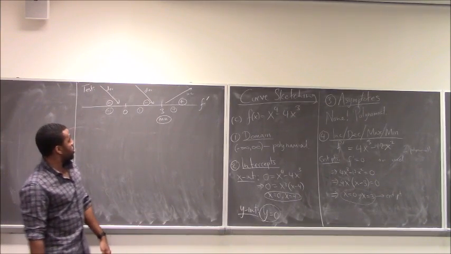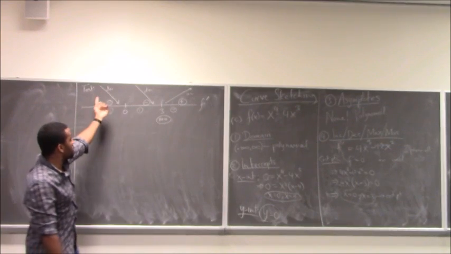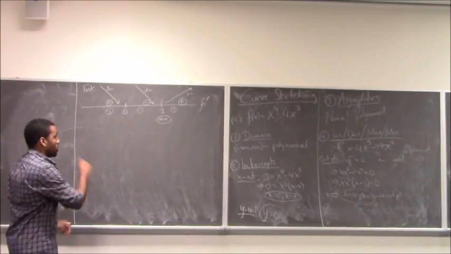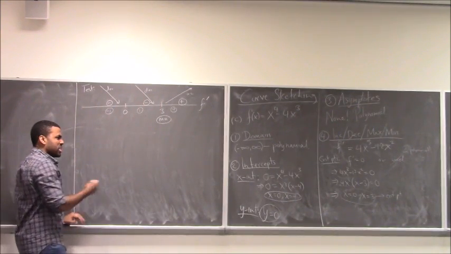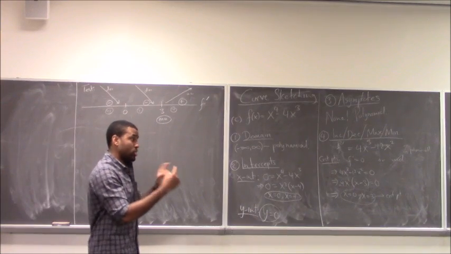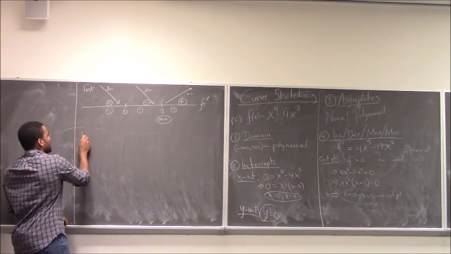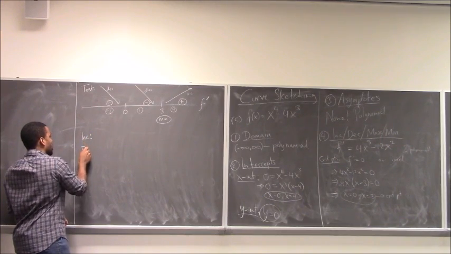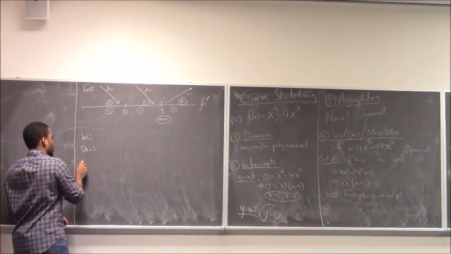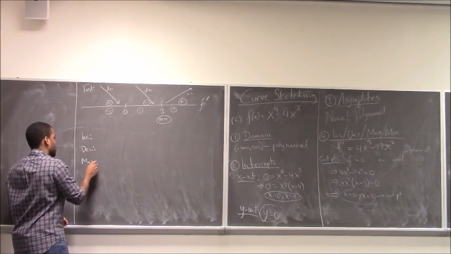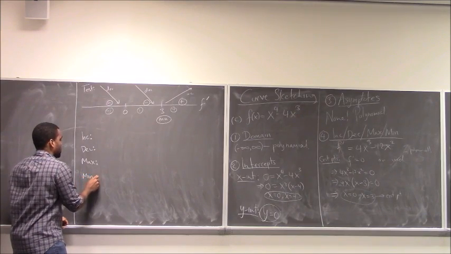But so far we know that it has a minimum and we know where it's decreasing and increasing. So we can just write that down, especially if this is part of a question where I ask you to tell me where it's increasing or decreasing. We talk about where we're increasing, decreasing, and where we have maximums and minimums.